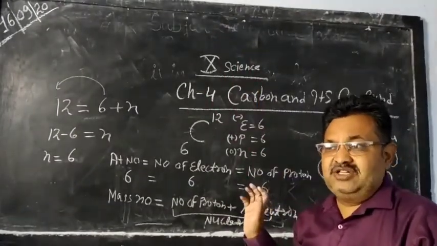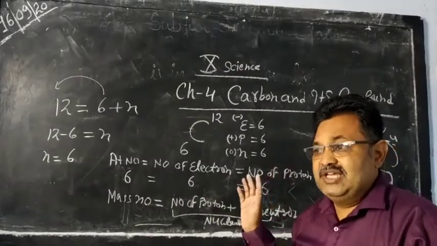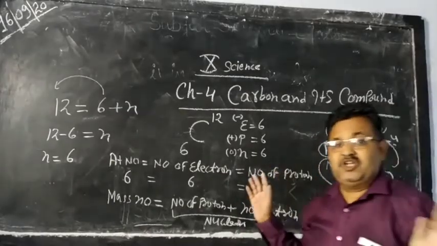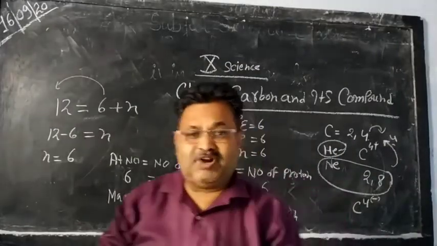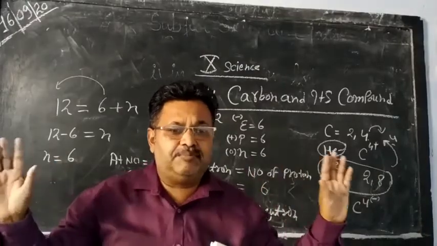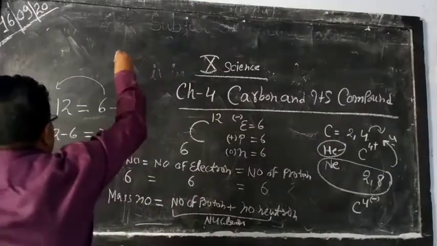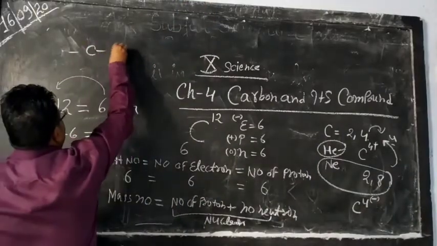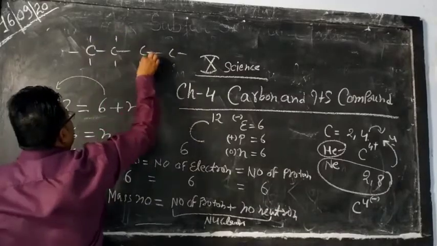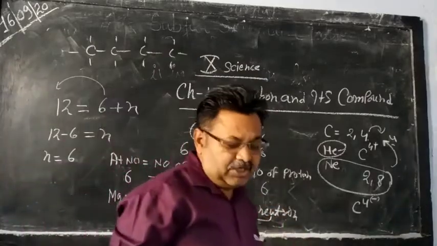The second reason carbon is known as a unique element is that it has the property of catenation. You know what catenation is? Catenation means it forms long chain compounds. So carbon forms long chain compounds like this. Due to its valency of 4, it forms long carbon chain compounds.